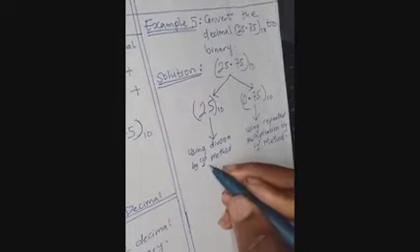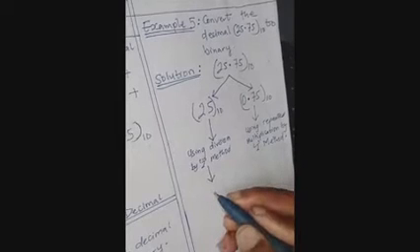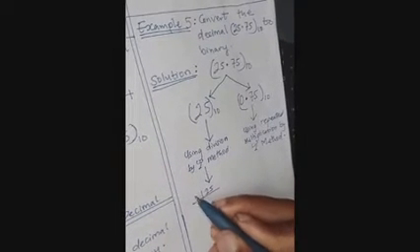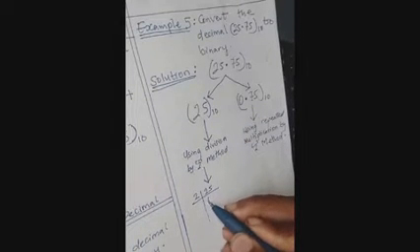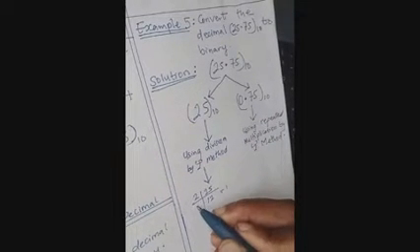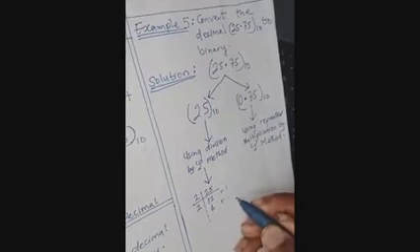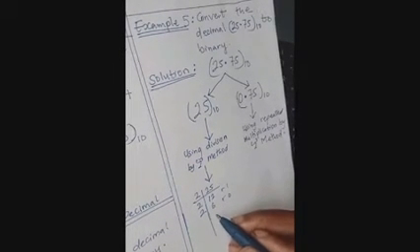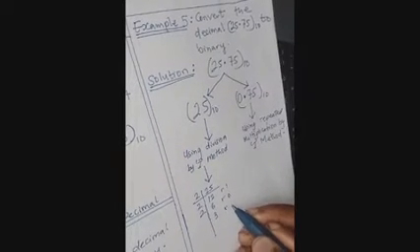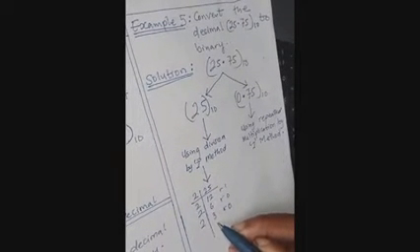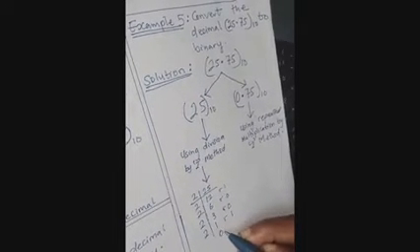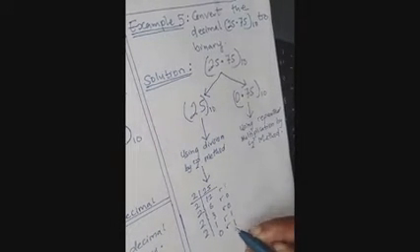And let's do this. So this will go as this. 2 in 25 is 12, remainder 1. 2 in 12 is 6, remainder 0. 2 in 6 is 3, remainder 0. 2 in 3 is 1, remainder 1. 2 in 1 is 0, remainder 1.